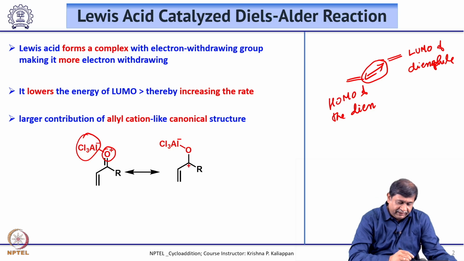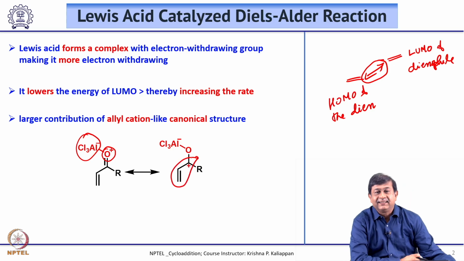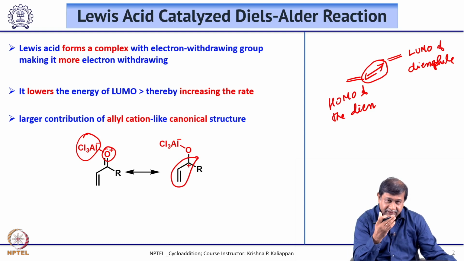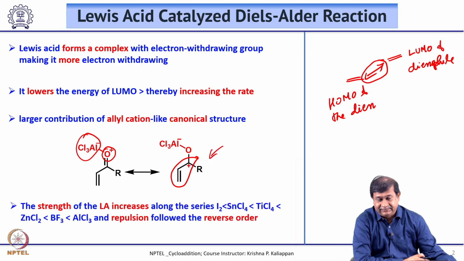Then when it coordinates, you can see this will give a canonical structure like this. This canonical structure looks like an allyl carbocation. So the energy difference between the LUMO of the dienophile and the HOMO of the diene decreases mainly because of this type of canonical structure.